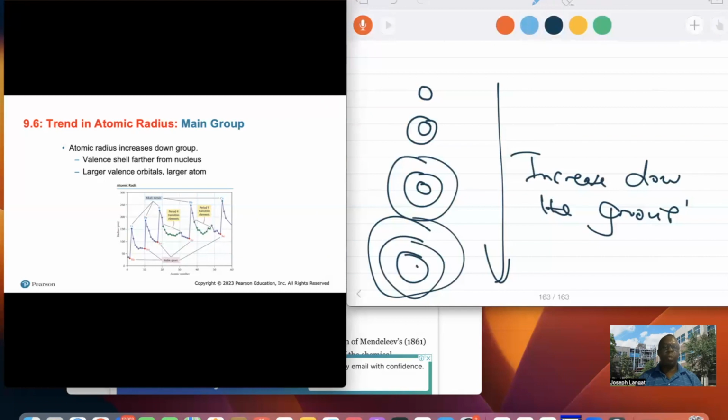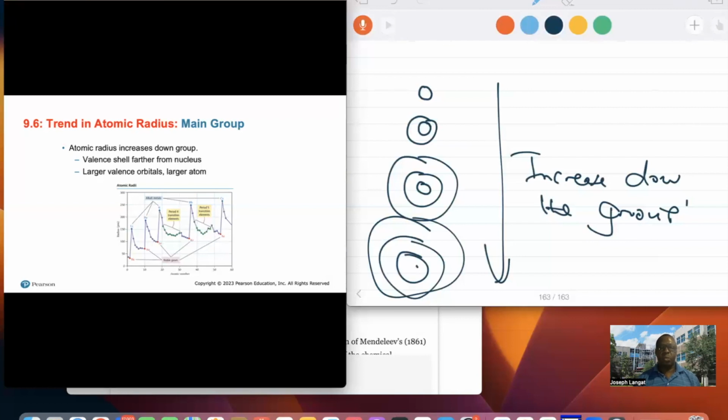You should be able to state and explain that as you go across, atomic radius decreases, and as you go down a group, atomic radius increases. In a quiz, you may be given a series of elements and asked to rank them according to atomic radius, or decreasing atomic radius, or which of the following elements has the least atomic radius.